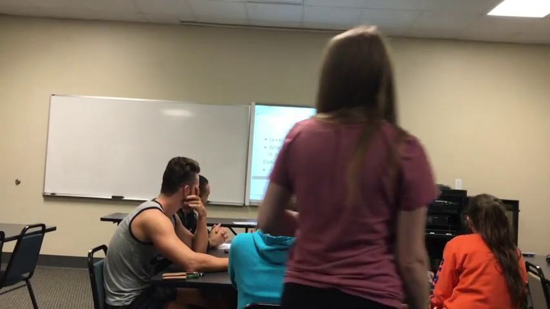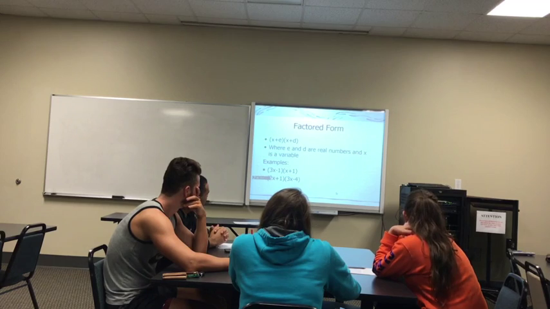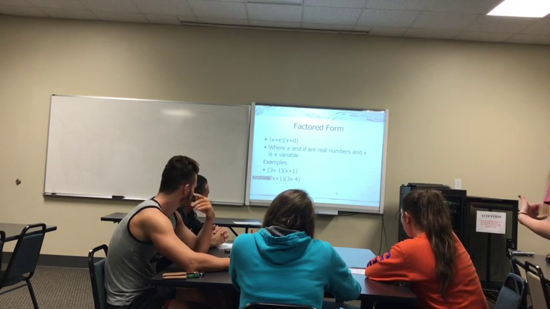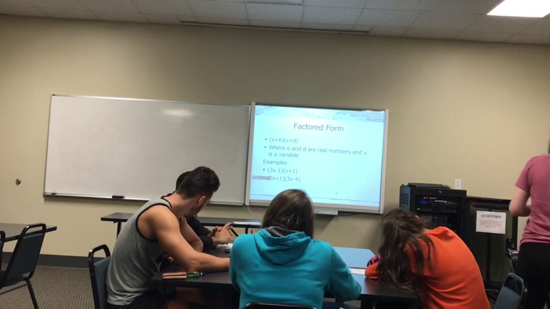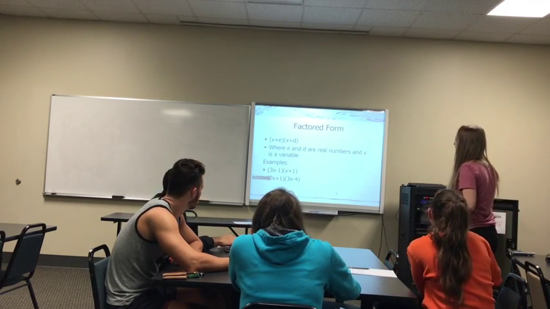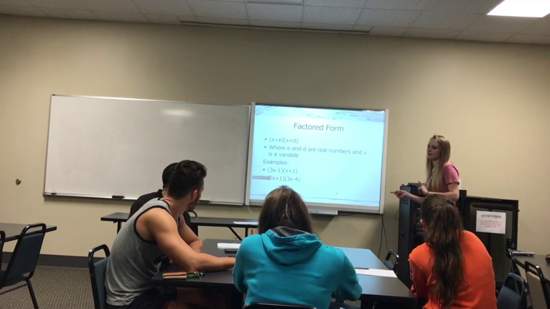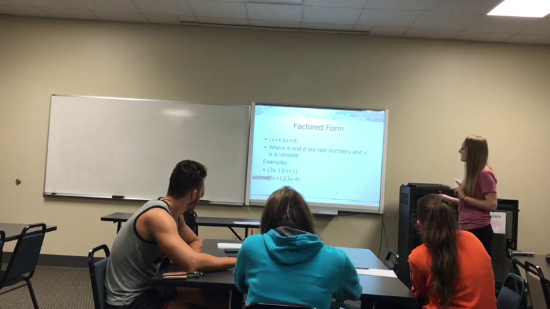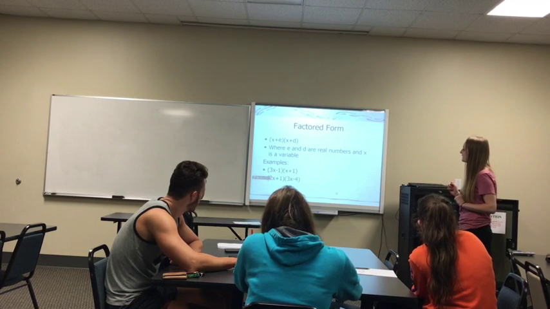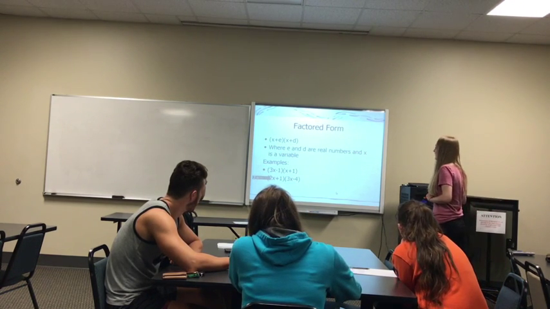So you have x plus e and then x plus d, where your e and d are real numbers, and then your x, again, is a variable. So we were looking at problems where you had x squared. When you factor that out, since you have x squared, you'll get 2 x's. Whatever your degree of your leading term is, will be how many x's you get when you factor it out.